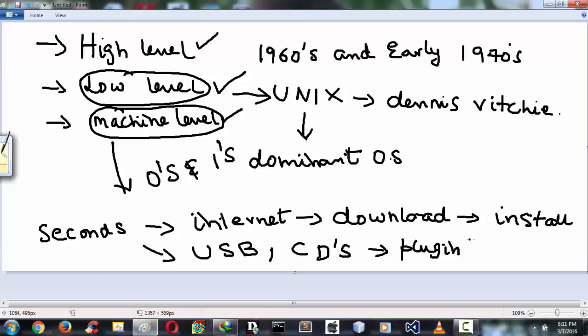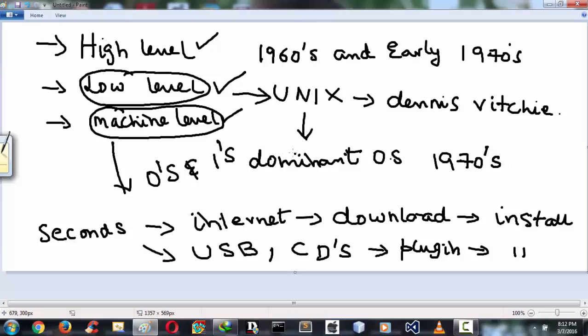But back in those days, before the 1970s, there was no plug-in install, no USBs and no internet.